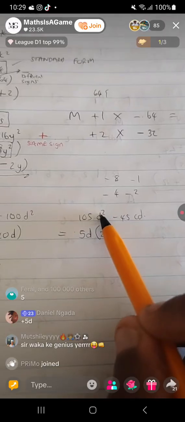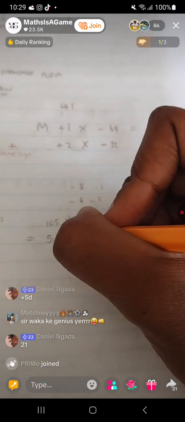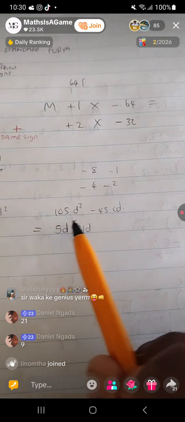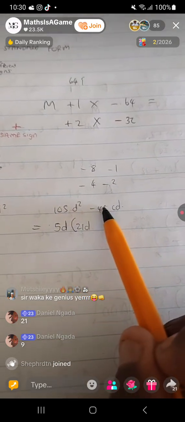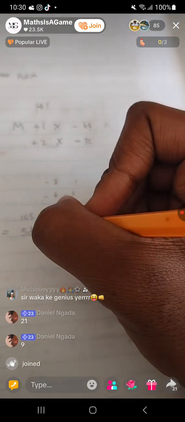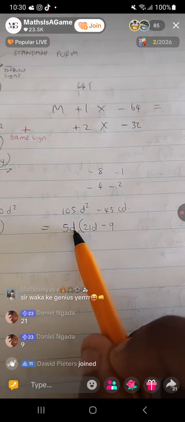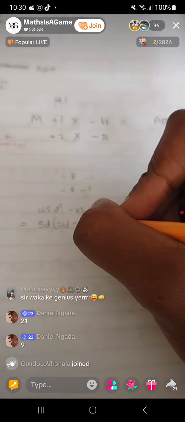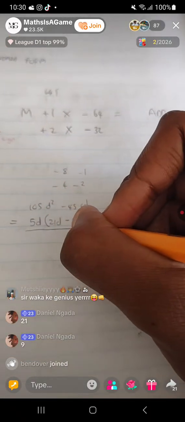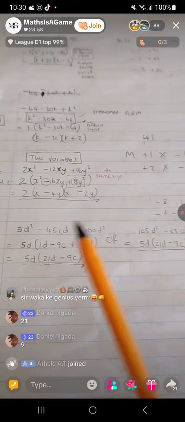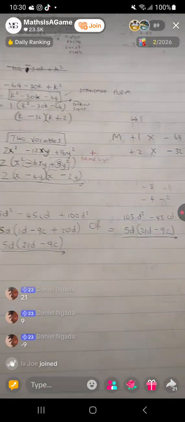D times what is d squared? D. Alright? And then after that, 5 times what is negative 45? It's negative 9. Then of course, you took out 5, you took out d. What's left? The letter c. Still the same answer when you do this question, whether it's this or that.